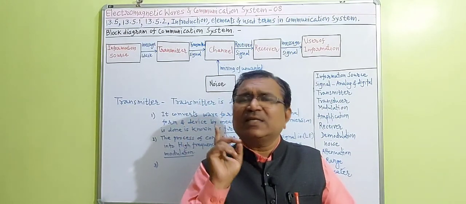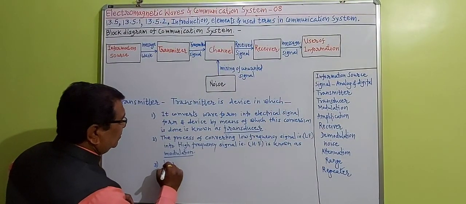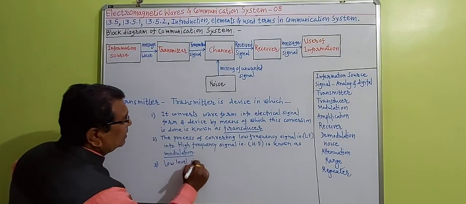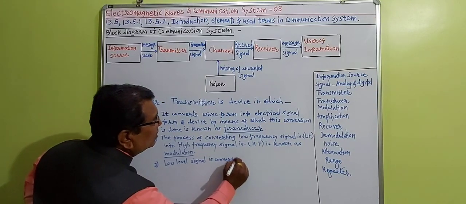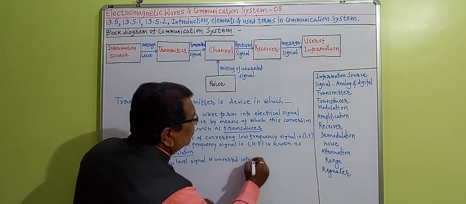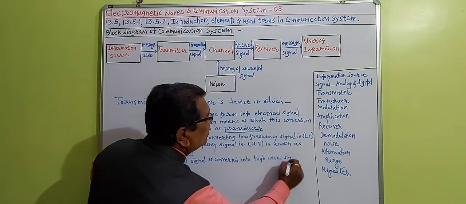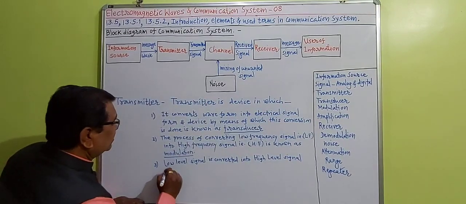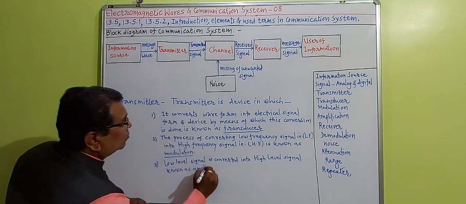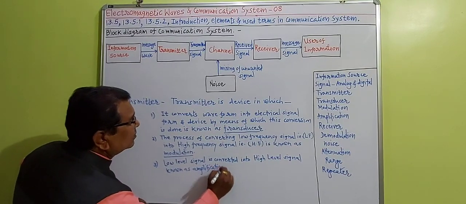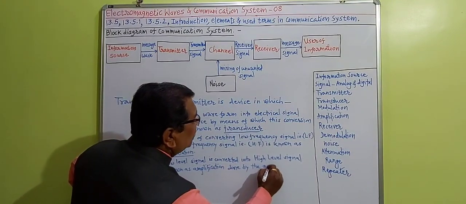So this is the third thing that I will write on the board. Low level signal is converted into high level signal, known as amplification, done by what?